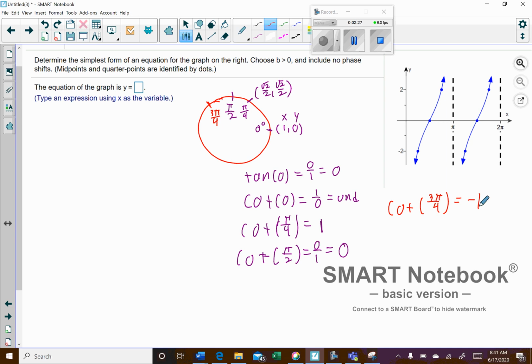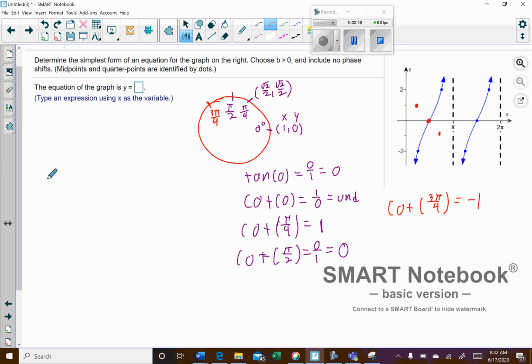Okay, so if you look at the graph, though, this doesn't quite match up with what I have, because I'm supposed to be getting a 1 here, and then I get 0 here, and then I get -1. Well, what's happening is you're having a stretch. It's stretching up to 2, and it's actually reflecting across the x-axis.